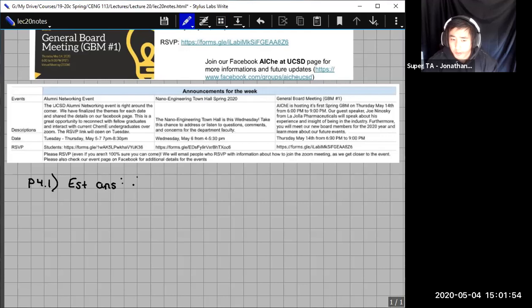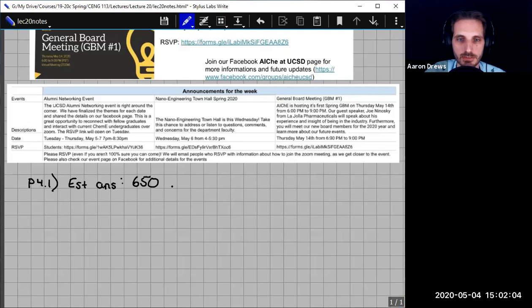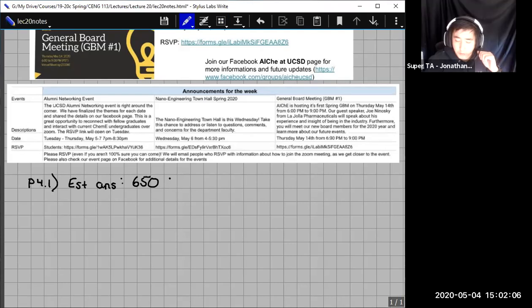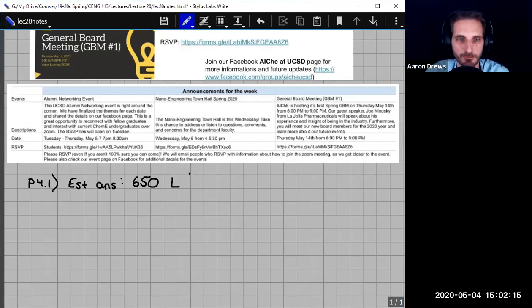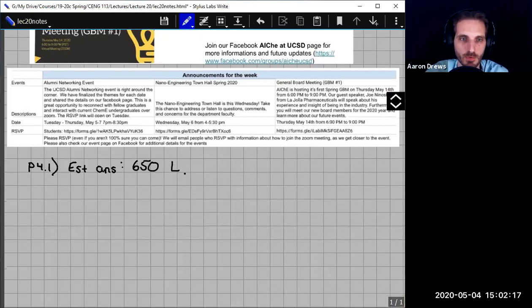Currently it's sitting at 880, which would be incorrect. The correct answer should be around 650 for part number 1, part A. The units are liters, a unit of volume. The other parts are still correct in the ballpark.